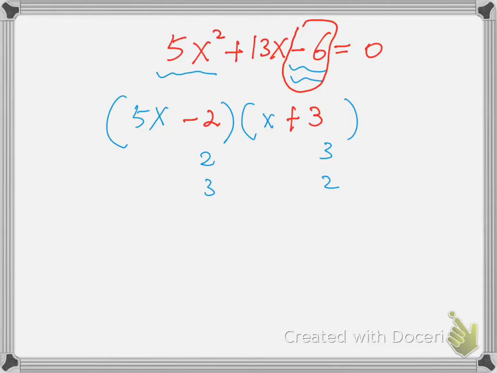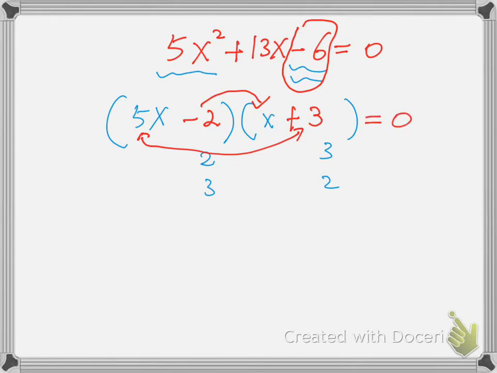Okay, so 3 times 5, we got, it's FOIL, right? Outer product, 15x, and negative 2 times x, negative 2x. 15 minus 2 is 13x. Yeah. So now we have the factored form equal to 0.